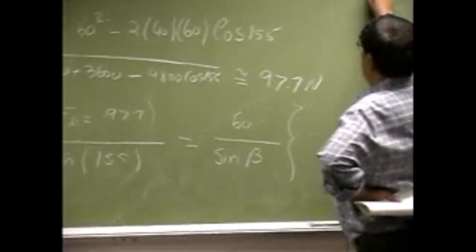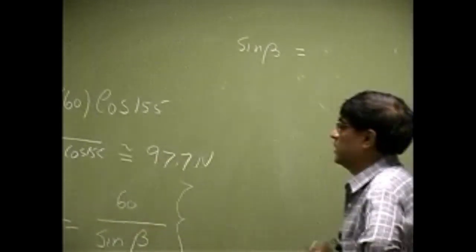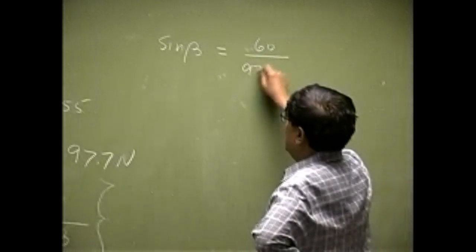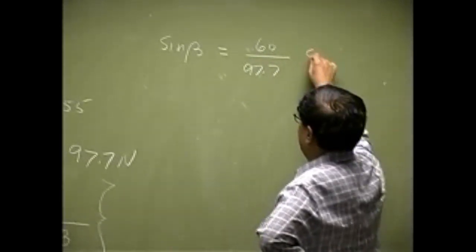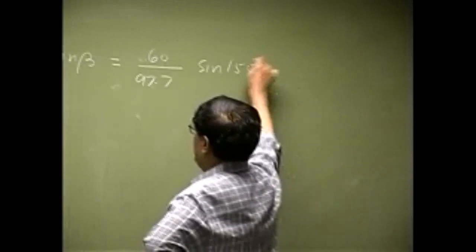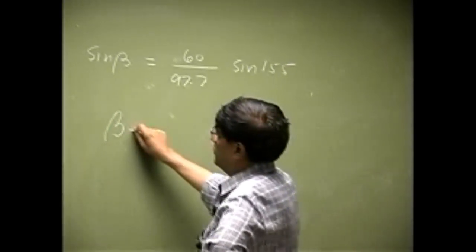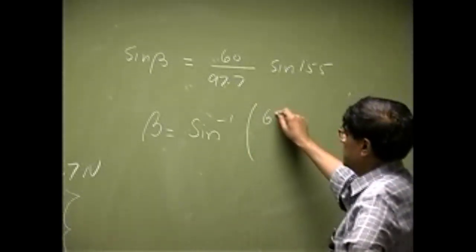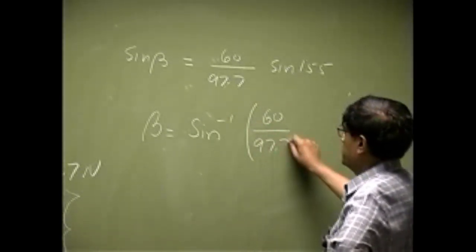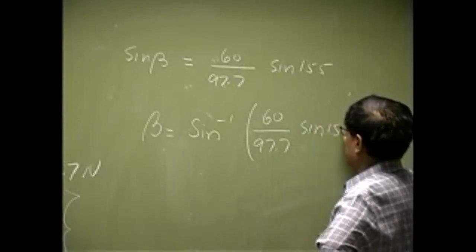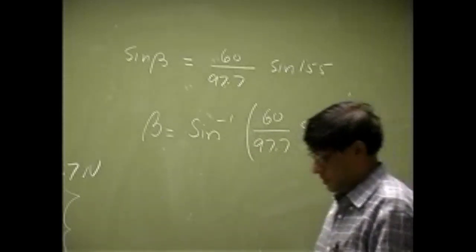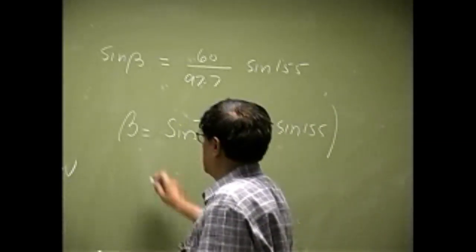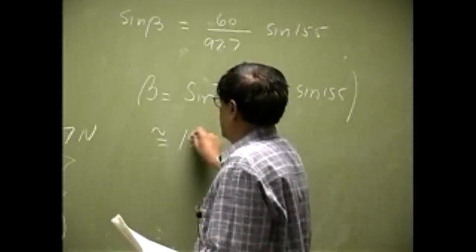Your sine beta will come out to be 60 over 97.7 and sine 155, and your beta will be sine inverse of 60 over 97.7, and then you have sine 155. And again, if you go through the actual calculations, then this will be approximately 15 degrees.